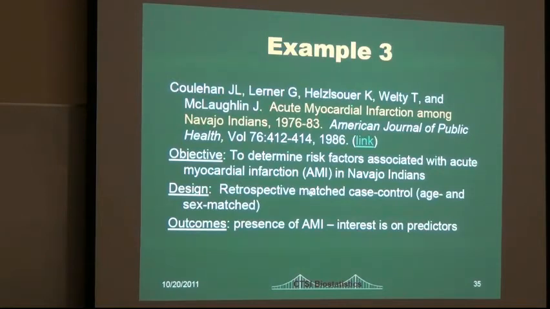In this study, the objective was to determine risk factors associated with acute myocardial infarction in Navajo Indians. The design was a retrospective matched case control, and they chose the Navajo Indians because they are the largest group for which data was available.